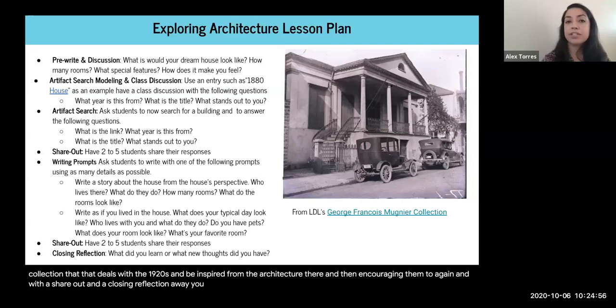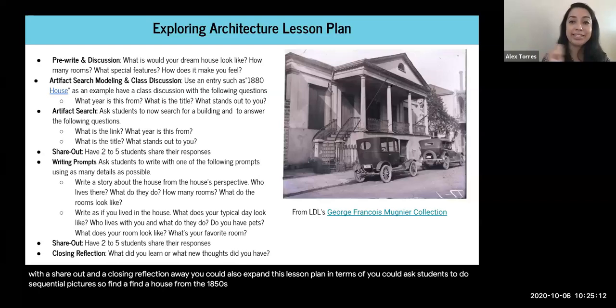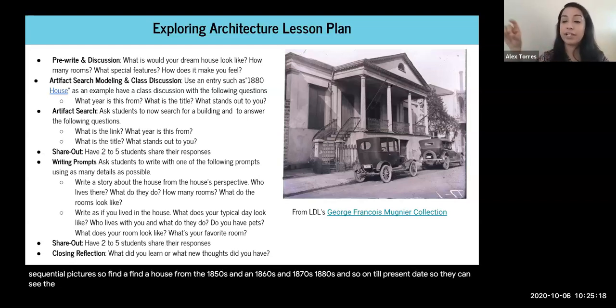A way you could also expand this lesson plan is to ask students to do sequential pictures. So find a house from the 1850s, then the 1860s, 1870s, 1880s, and so on until the present date, so they can see how houses evolve across time, right?